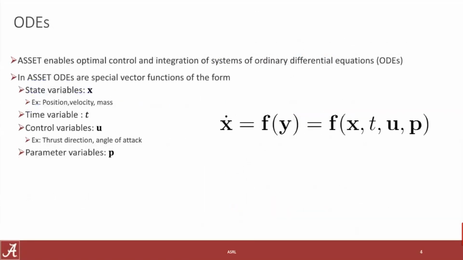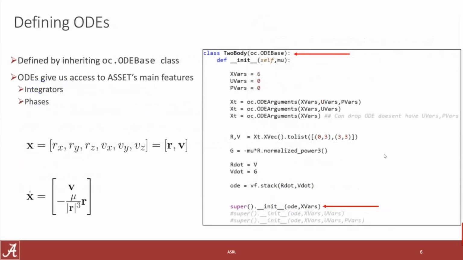Recall it's always going to use this same format. ODE args is going to return to you one vector function that's states, time, and then any controls and parameters you have. In this example, if we had 3 control variables, we would then probably want to call this XTU. But of course, it's just a variable. You can name it whatever you would like.